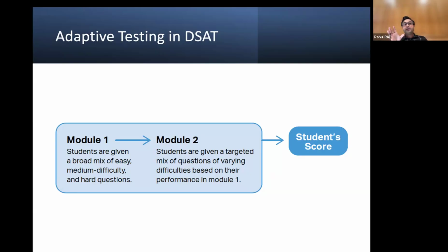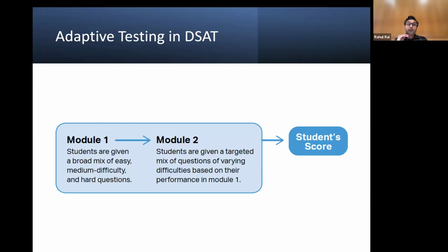Okay. Now, each student will take nearly the same module 1 questions. Depending upon how they have done in module 1, module 2 changes, and in module 2, students are given a targeted mix of questions of varying difficulty based on their performance in module 1.